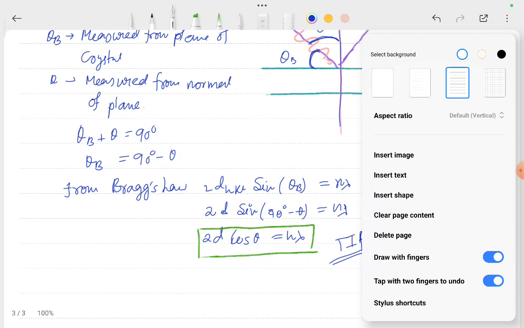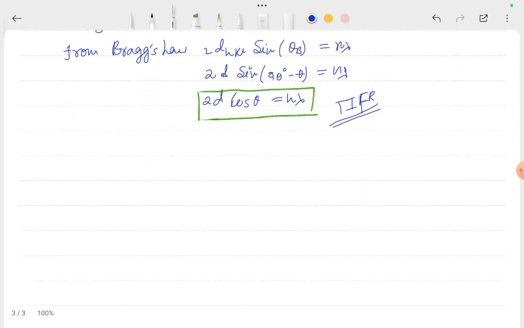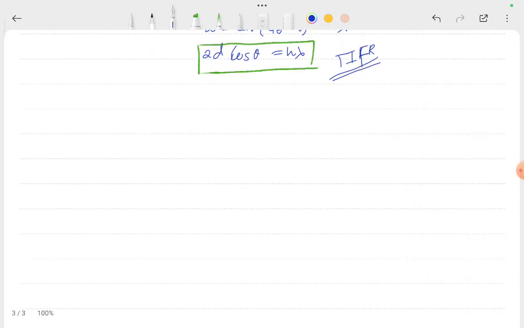Next, take a heading: relations between diffraction angle and Bragg's angle.